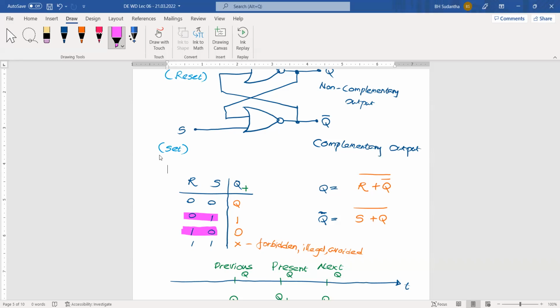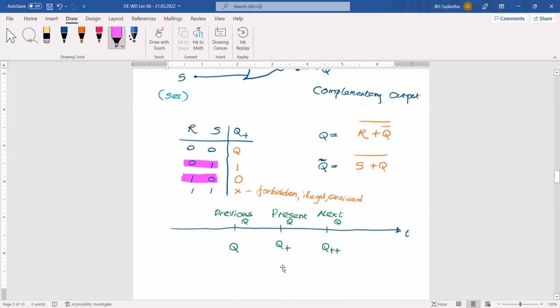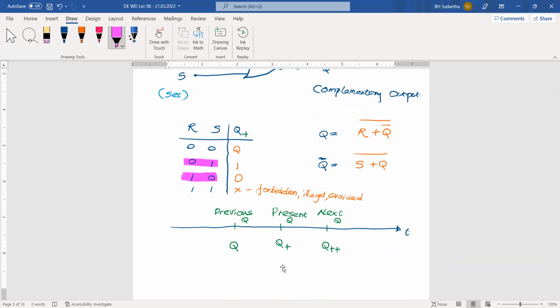But in this case, what do we say? We don't say to reset and we don't say to set. That means we are doing nothing. Doing nothing means we will have the previous value remaining. The previous one is Q. In the timeline we have this notation.